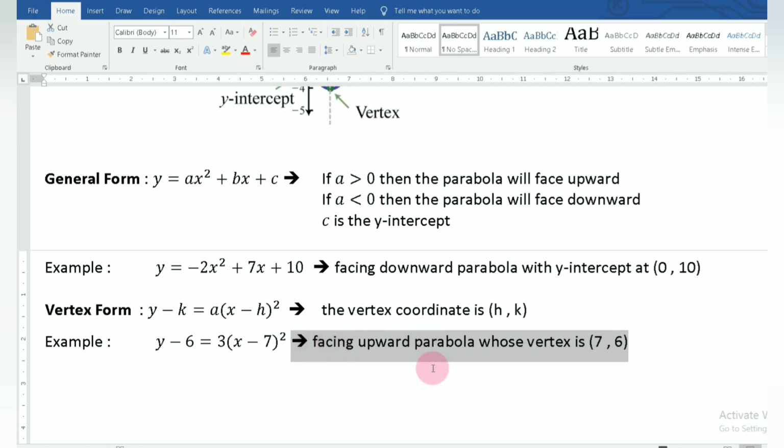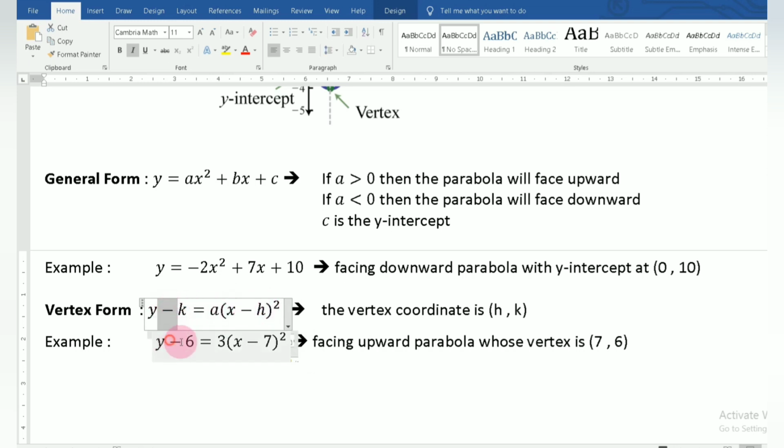But there is another piece of information here that I can get. The vertex is (7, 6), which is (h, k). Since both have subtractions, we can just extract these values.